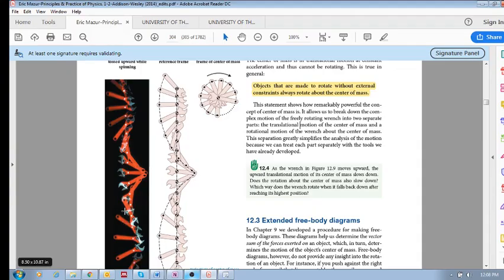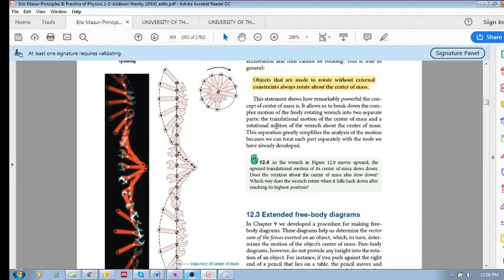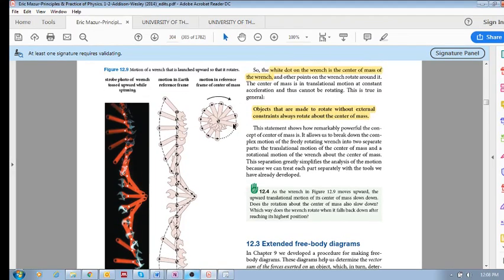As we throw this up, we can see that its center of mass moves as though you threw a tennis ball straight up, and it begins to have a negative acceleration. But at the same time, all particles on this object rotate about the center of mass. This shows how remarkably powerful the concept of center of mass is.